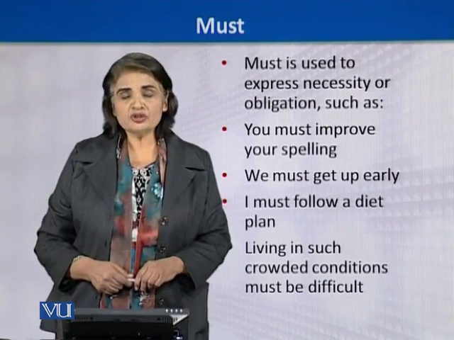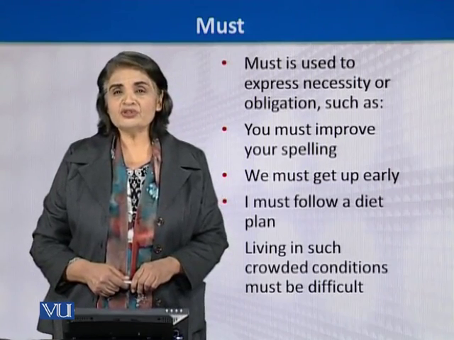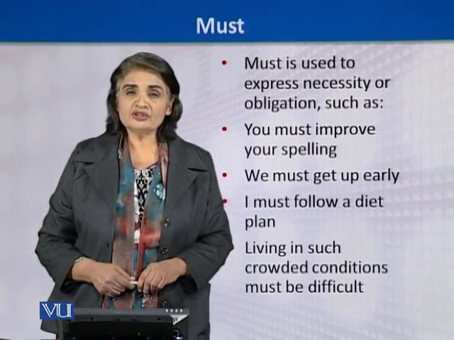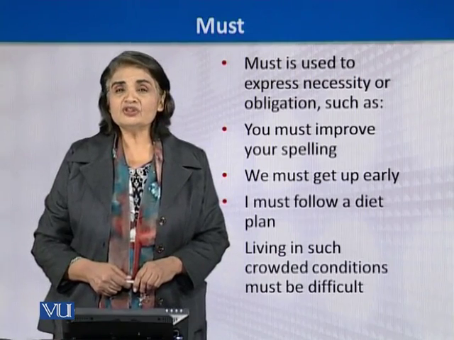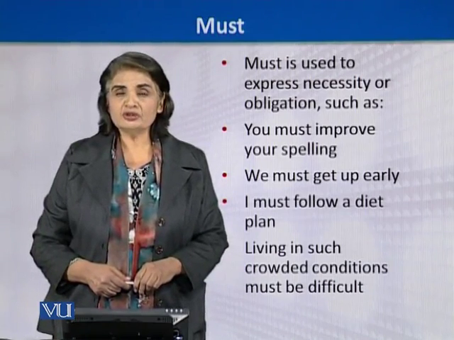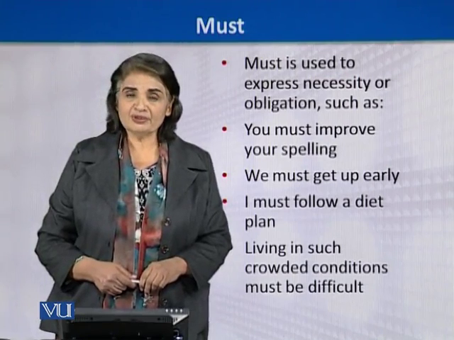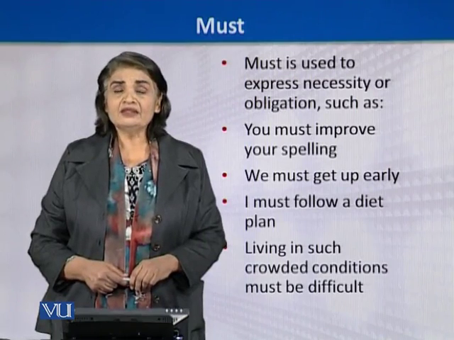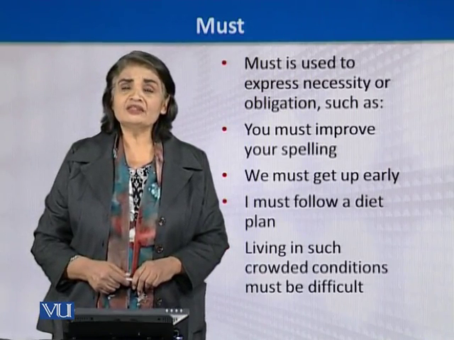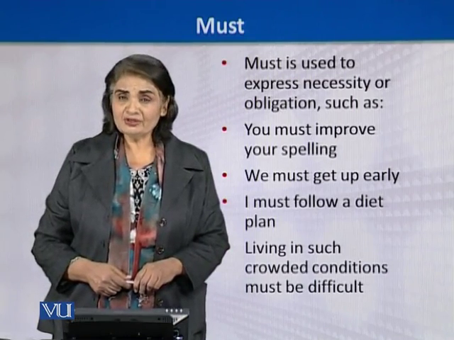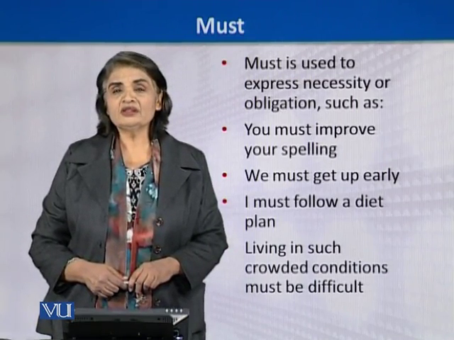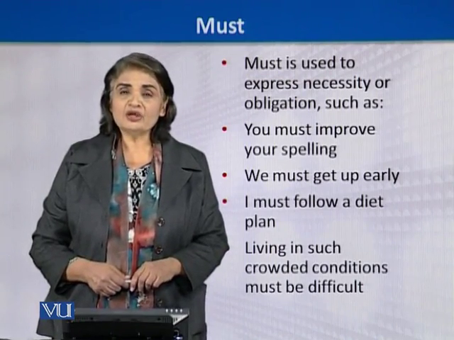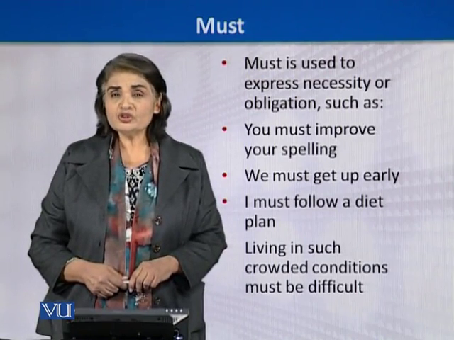So again, it is not really the use of must which is making a rule or talking about regulations which are obligatory, but it is talking about a supposition, or something that is going to happen or something which is prevailing and is difficult, and the possibility is at the maximum level to happen. And then we also use the auxiliary must in order to emphasize that the outcome of this action has to be like this.